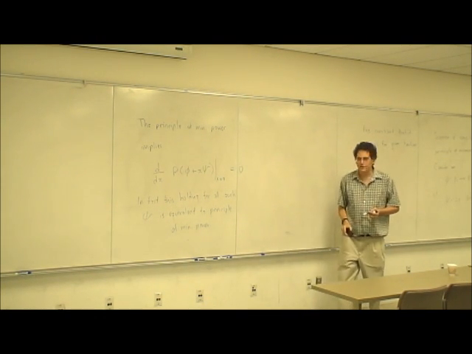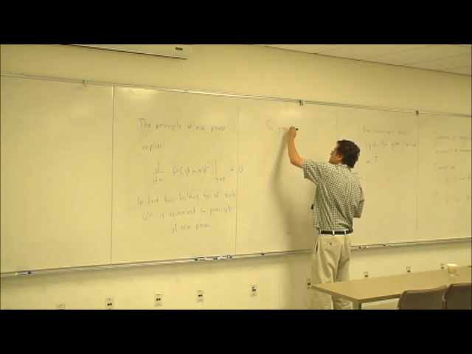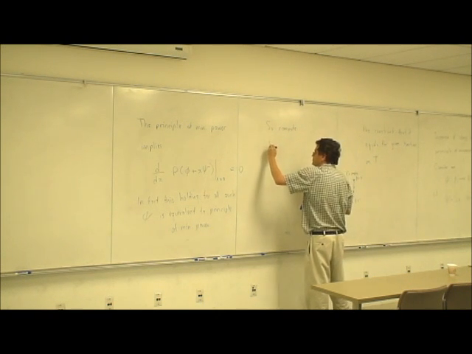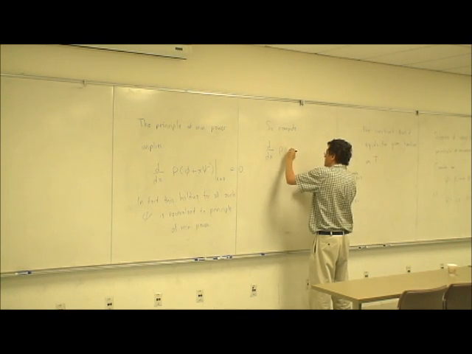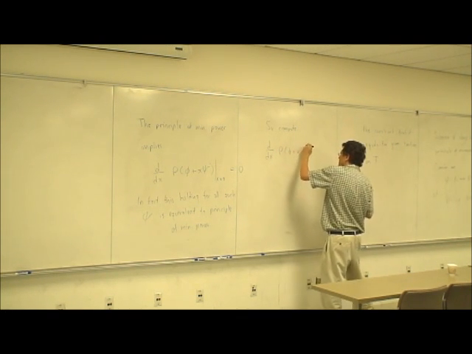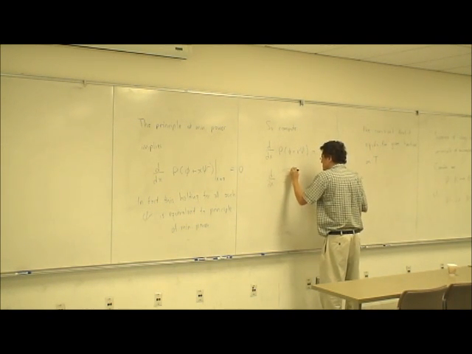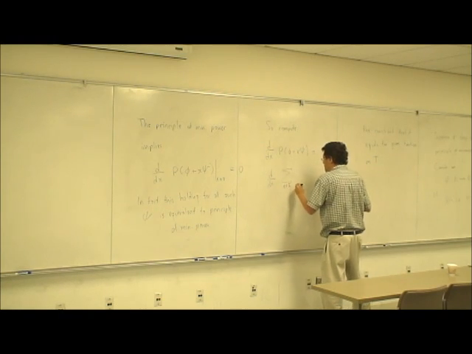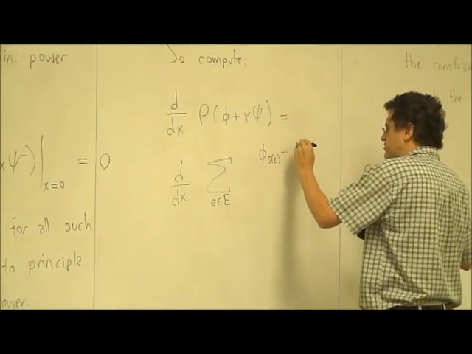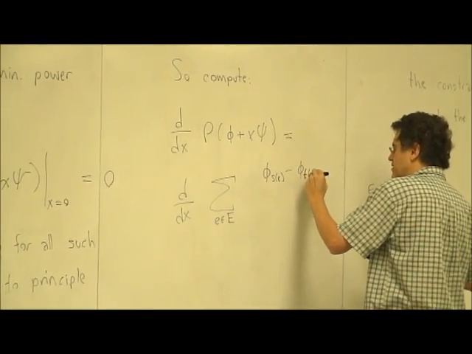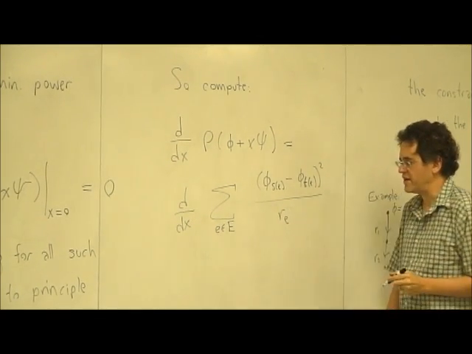And so then you can just work out the derivative and see what you get. So let's just do that. So we can differentiate this power. The only step is to remember what the power is. So it's a sum over edges of the difference in potential at two ends of the edge squared divided by the resistance for that edge.